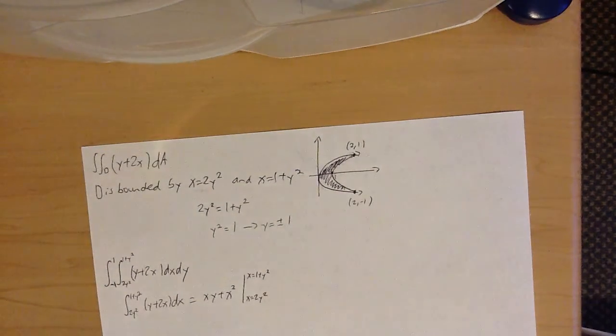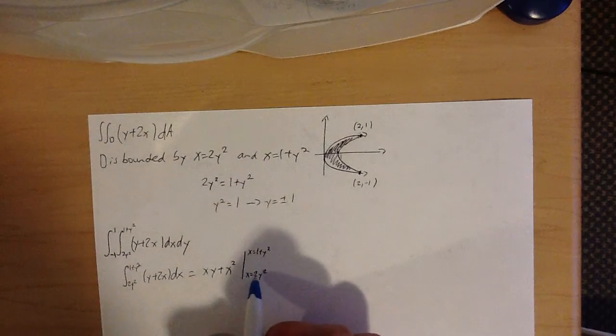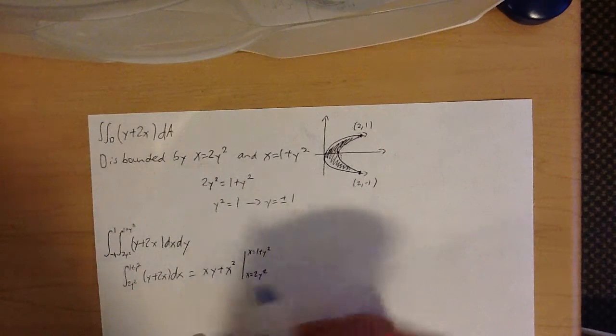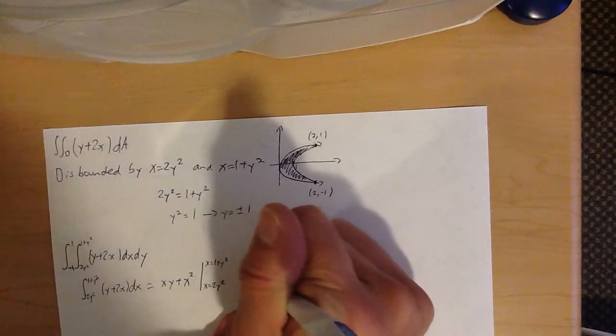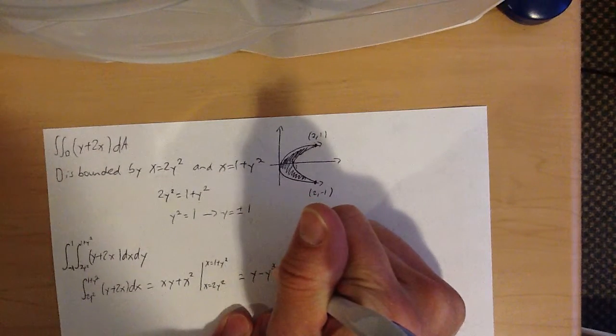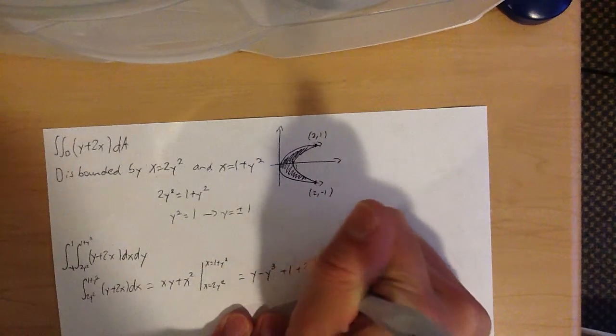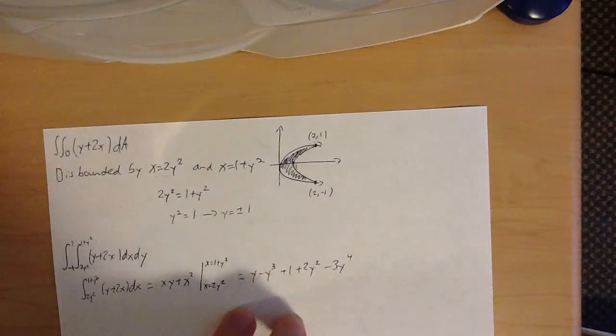And then when you do the fundamental theorem of calculus, plug in x as 1 plus y squared and x as 2y squared. I'm not going to do all the algebra here, but you would get y minus y cubed plus 1 plus 2y squared minus 3y to the 4th.